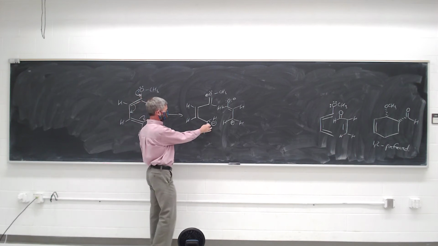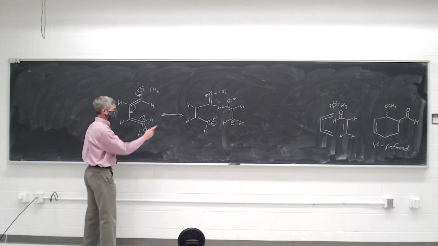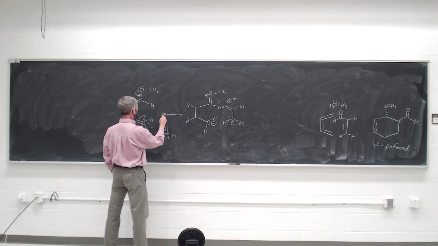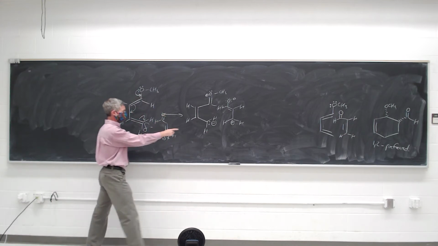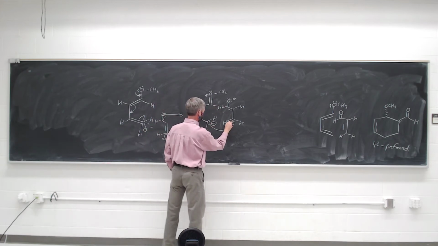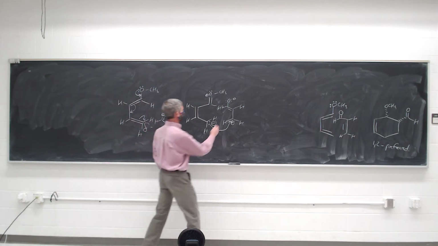I'm trying to get the negative charge end of the diene, which is now this end, together with the positively charged end of the dienophile, which is where the aldehyde is. But now that means that the aldehyde and the methoxy group are in the same position.